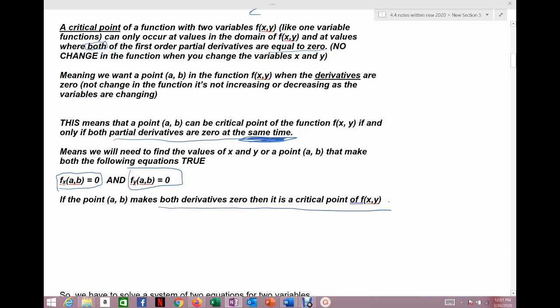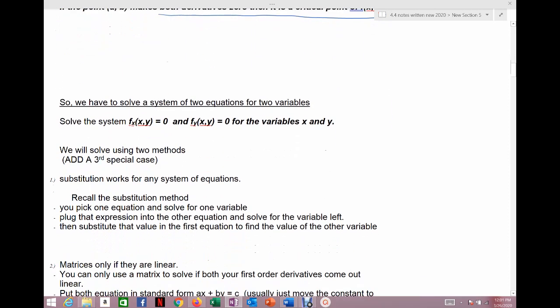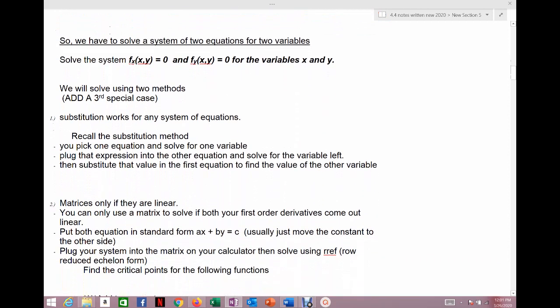Alright, when that's true, then that point A, B is a critical point of my function. Alright, well, what that means, guys, is that we are going to have to solve systems of equations with 2 variables. So I've got to solve the system where my 2 partial derivatives equal 0, and I need to find the point x and y that makes both of those true.